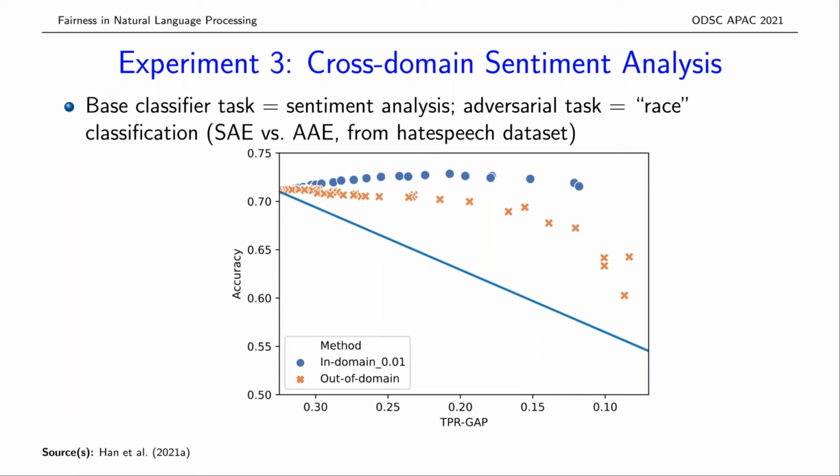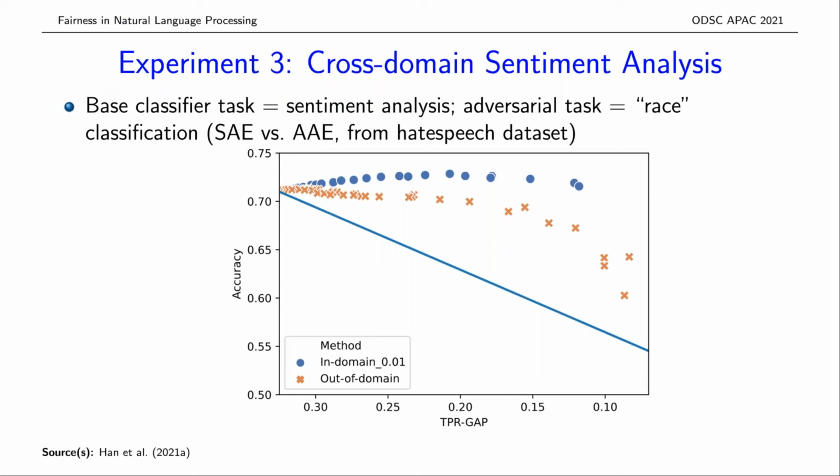And so we definitely get a drop, even compared to using 1% of the data in domain versus using all of the data that we have access to out of domain. And again, we tend to get bigger disparities for lower gap levels.